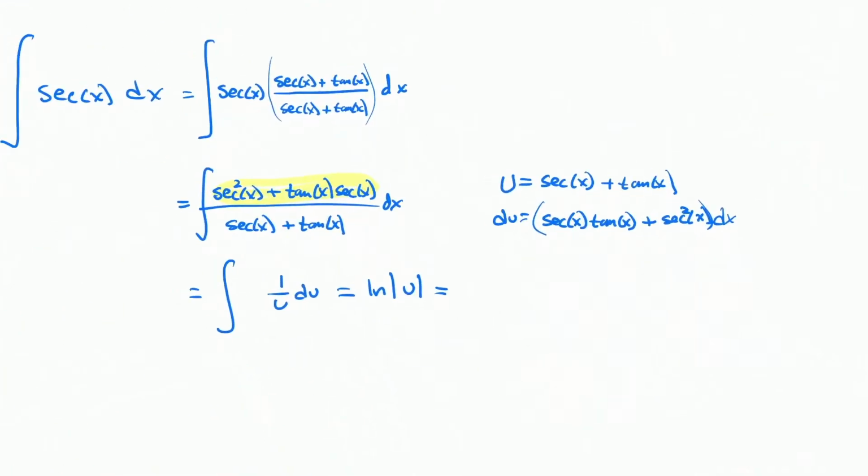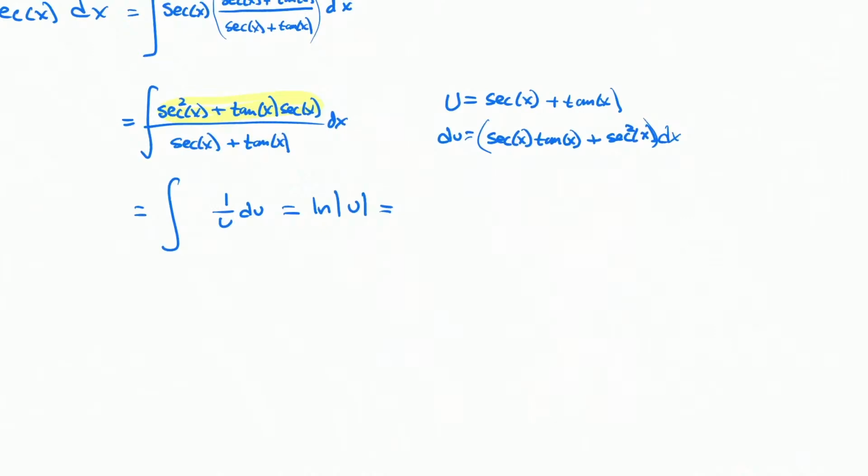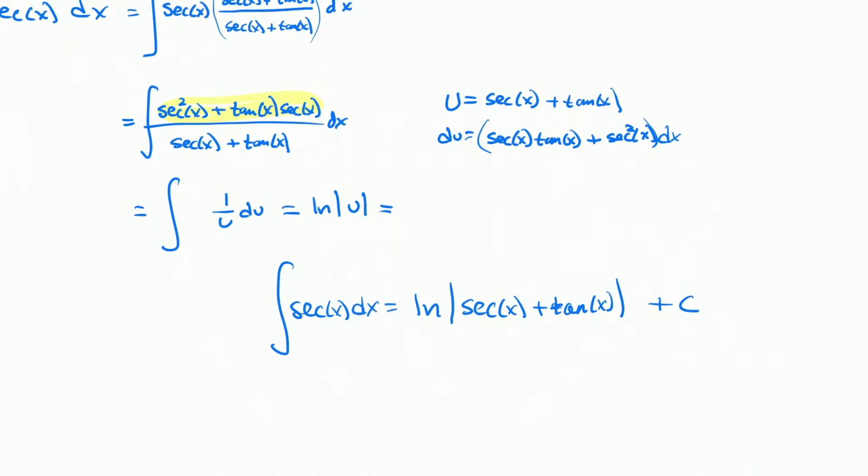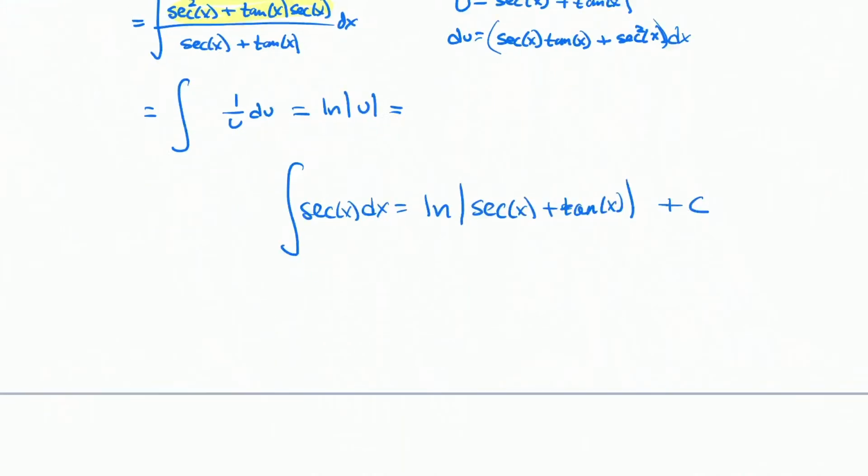I'll write it down here. It's going to be the natural log of the absolute value of secant plus tangent, plus c, of course. So this is the antiderivative of secant. By the way, you can do something similar, actually easier, with tangent.